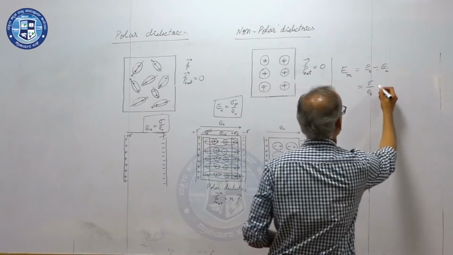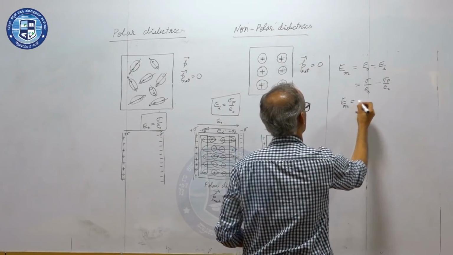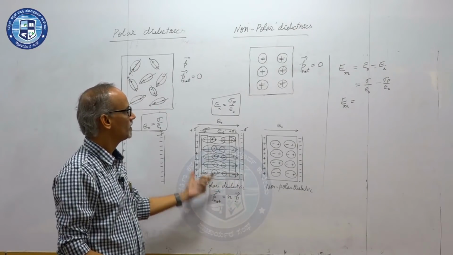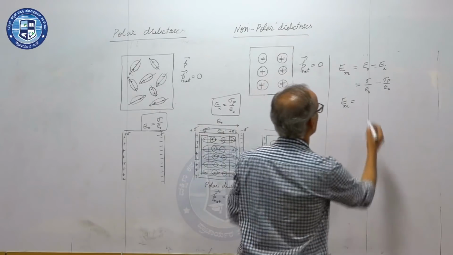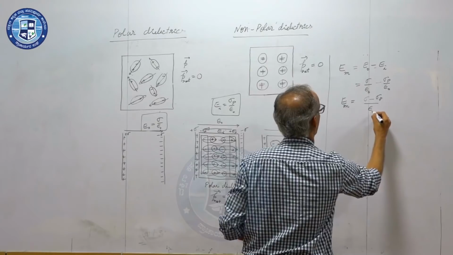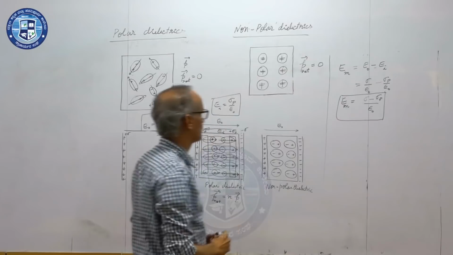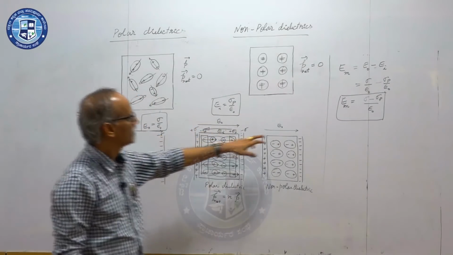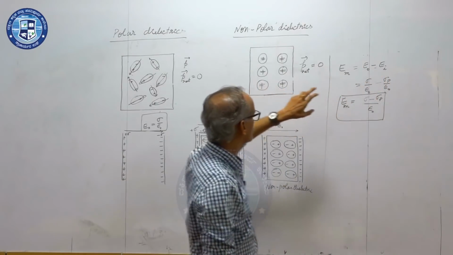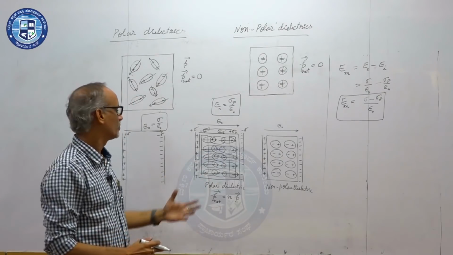That is equal to minus sigma p by epsilon naught. Therefore, the net electric field between the two oppositely charged parallel plates is given by sigma minus sigma p by epsilon naught, which will be lesser than the earlier electric field, because E m is E naught minus E I. The reason for the decrease in the electric field is the dielectric polarization.